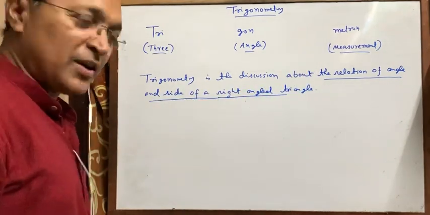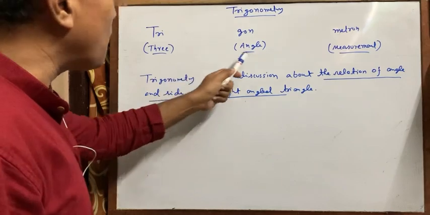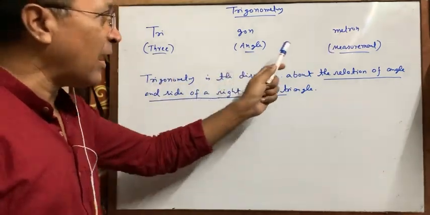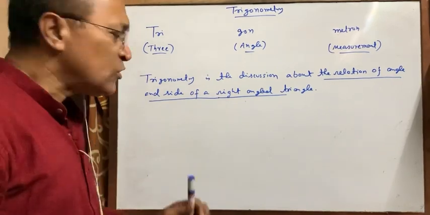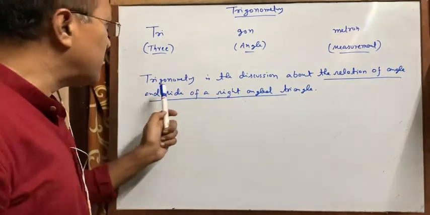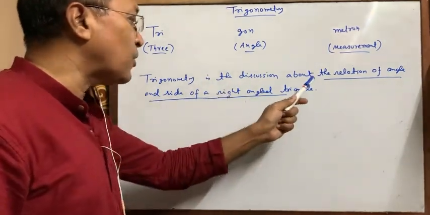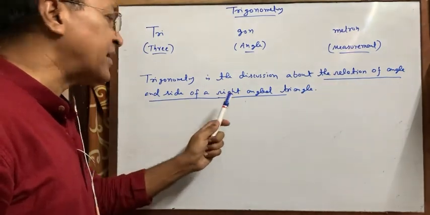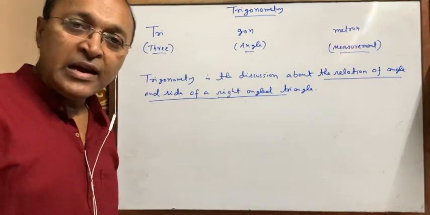Okay, try to understand. Trigonometry: tri means 3, gon means angle and metron means measurement. So trigonometry is the discussion about the relation of angle and side of a right angle triangle.